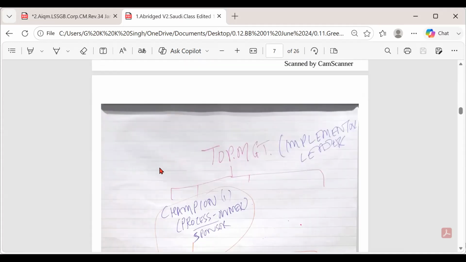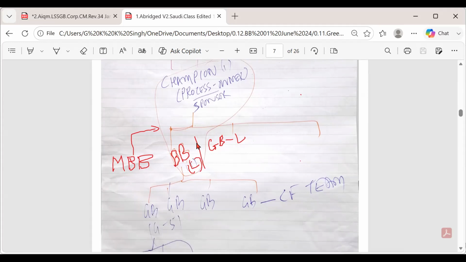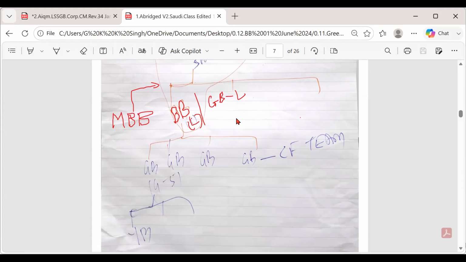And the master black belt, as I told you, would be a consultant who will help the team to implement the project. Normally, once people have done some projects, they can learn to do it on their own, but initially they need some support while using the tools of Six Sigma. So this support is provided by the master black belt, and it is called the mentoring support. So master black belt is the mentor for the project.